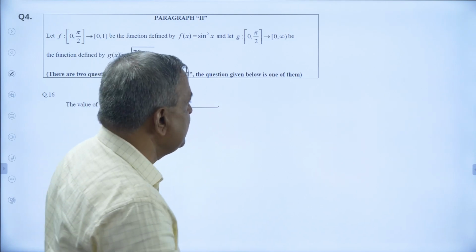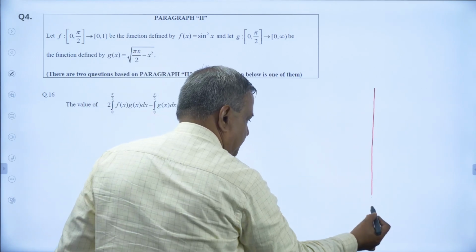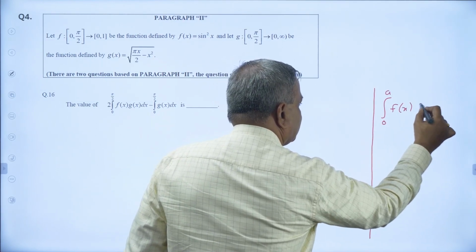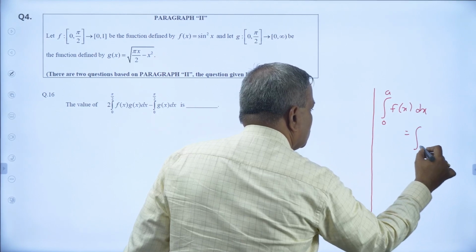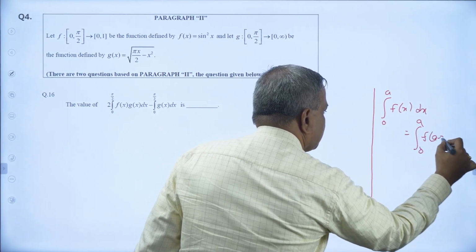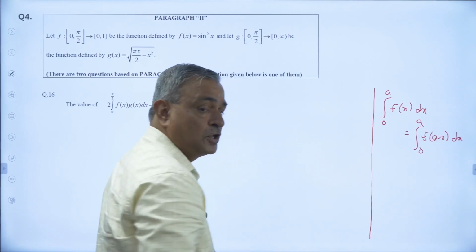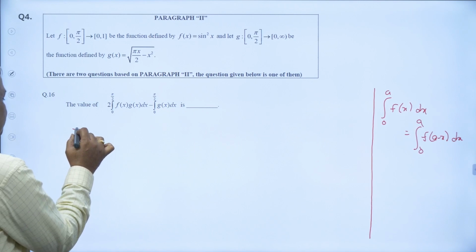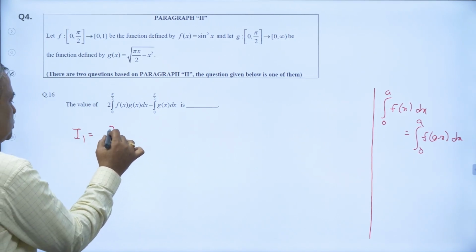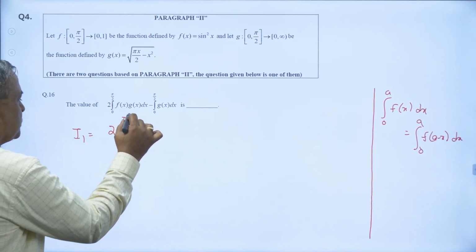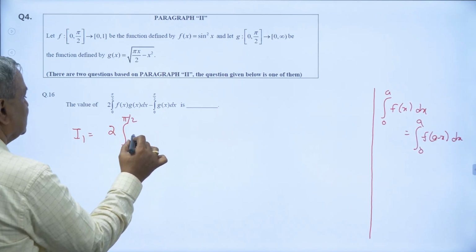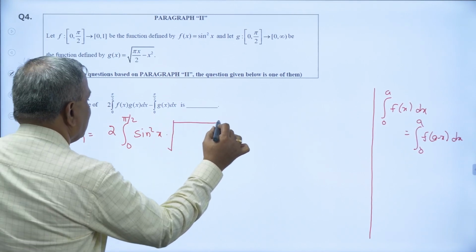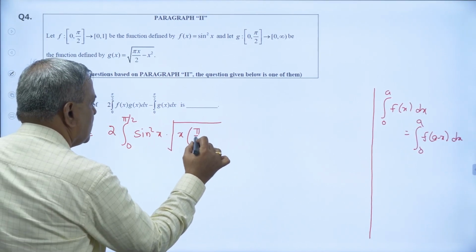Immediately the concept is: integral 0 to a of f of x dx is equal to integral 0 to a of f of a minus x dx. You recall this formula, correct? We apply that. I name this I1. I1 is equal to 2 times integral 0 to pi by 2 of f of x, given as sine square x, into the root written as x into pi by 2 minus x.